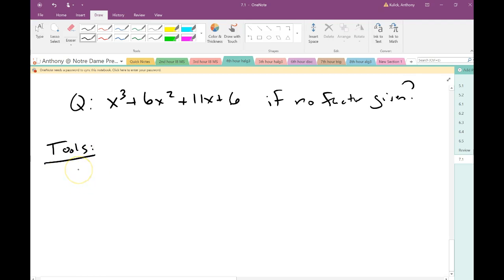The first is the rational roots theorem.